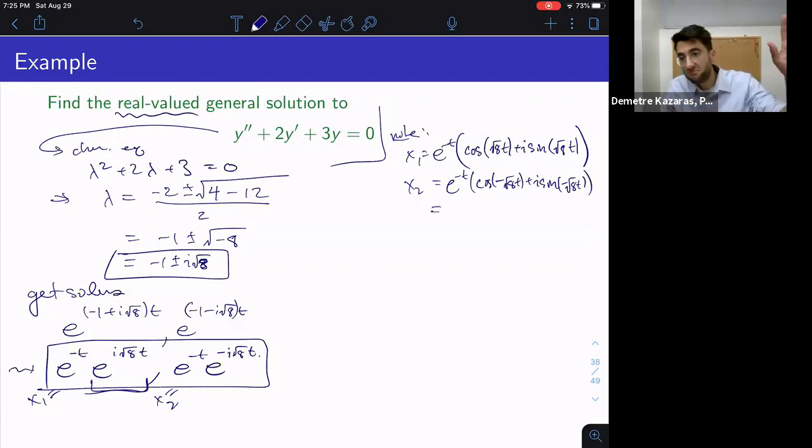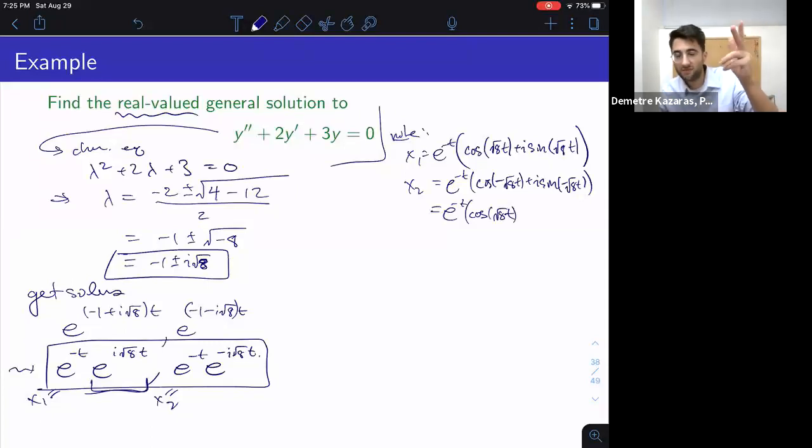But let's take a look. We can't necessarily compare these functions directly, but remember, cosine is an even function. You plug in a negative number, like cosine of 5 is the same as cosine of minus 5. So cosine of minus root 8t is the same as cosine of root 8t.